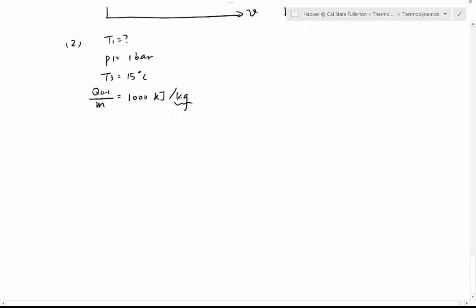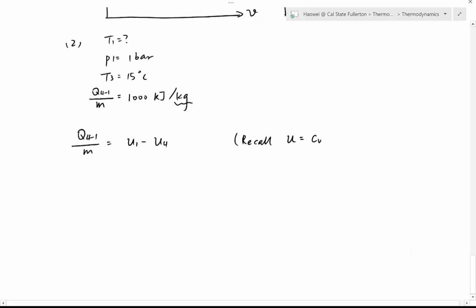Let's start from Q41 because we do have an equation for that. Q41 per unit mass from first law, we know it's equal to u1 minus u4. And now let's recall, if it is ideal gas, you can actually calculate lowercase u instead of going to the tables. How do you calculate u?